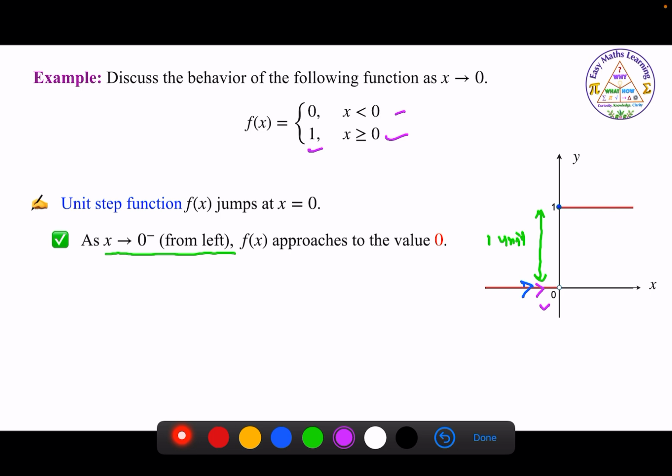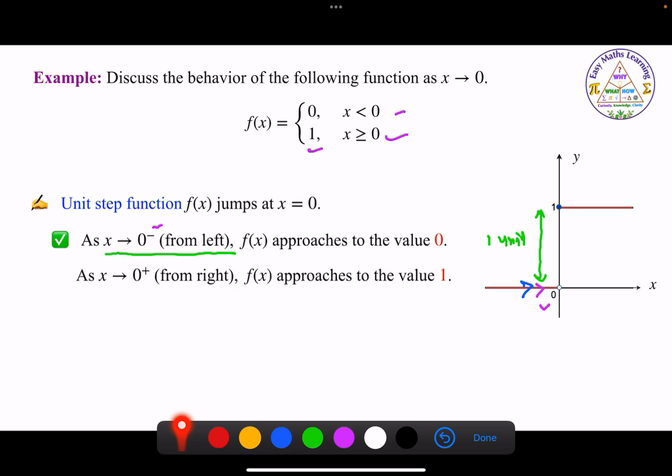From the left means 0 minus, which we are writing here: 0 minus means x approaches 0 from the left. X tending to 0 plus means x tending to 0 from the right. If x tends to 0 from the right, then the function approaches the value 1 from the right.